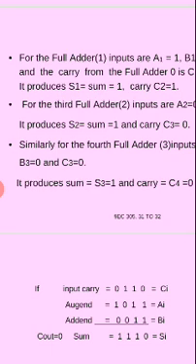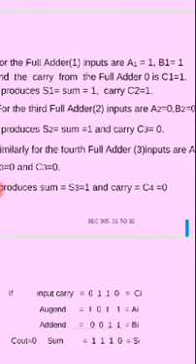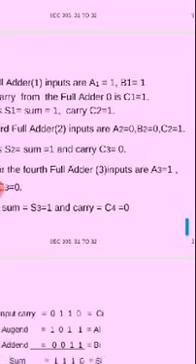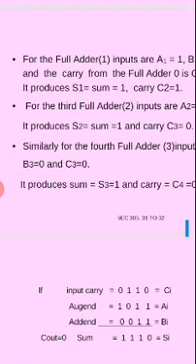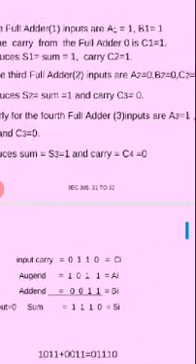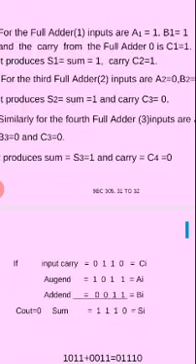Similarly, for the fourth full adder, inputs are A3 1, B3 0, C3 0. It produces sum S3 equal to 1, carry C4 equal to 0.